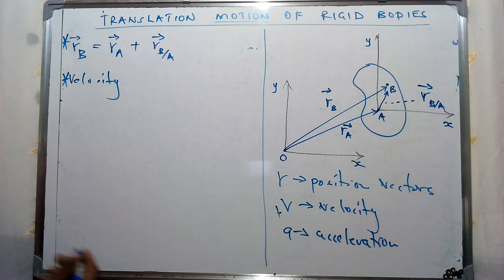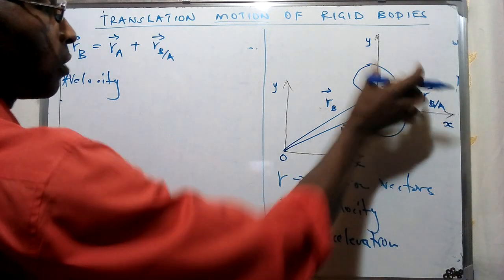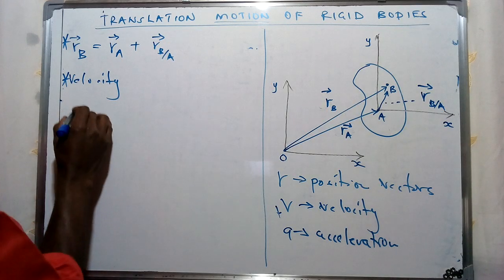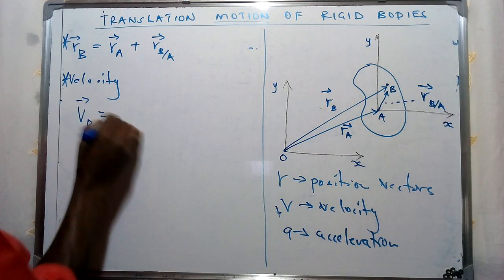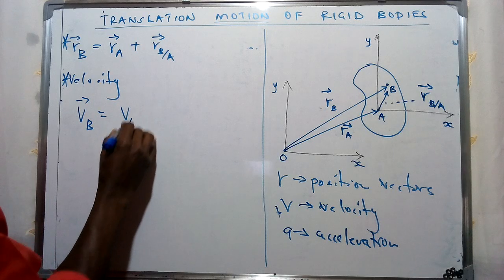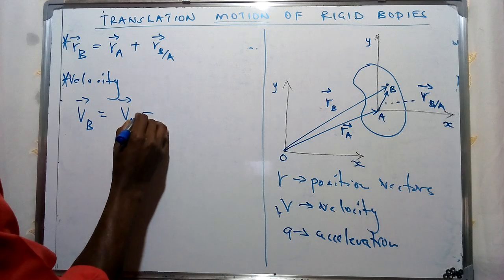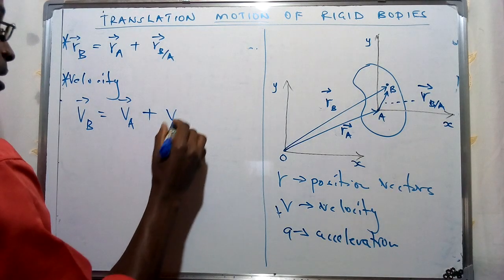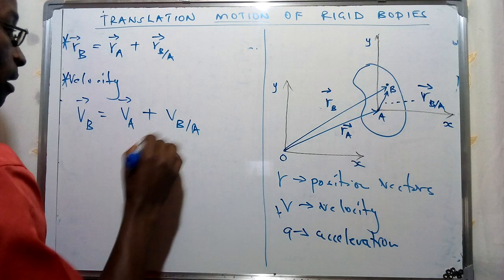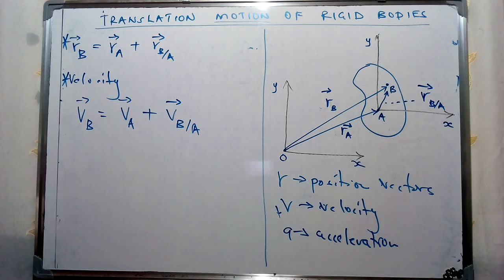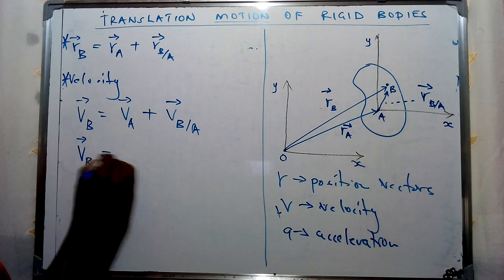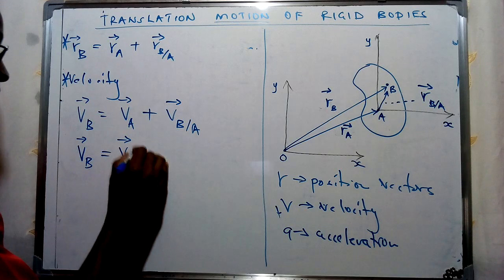If we are required to find the velocity of a particle at B, we can give it as the sum of the velocity at A. Using vectors, we can describe this with respect to the position vectors, and we can extend this representation as V_A plus.